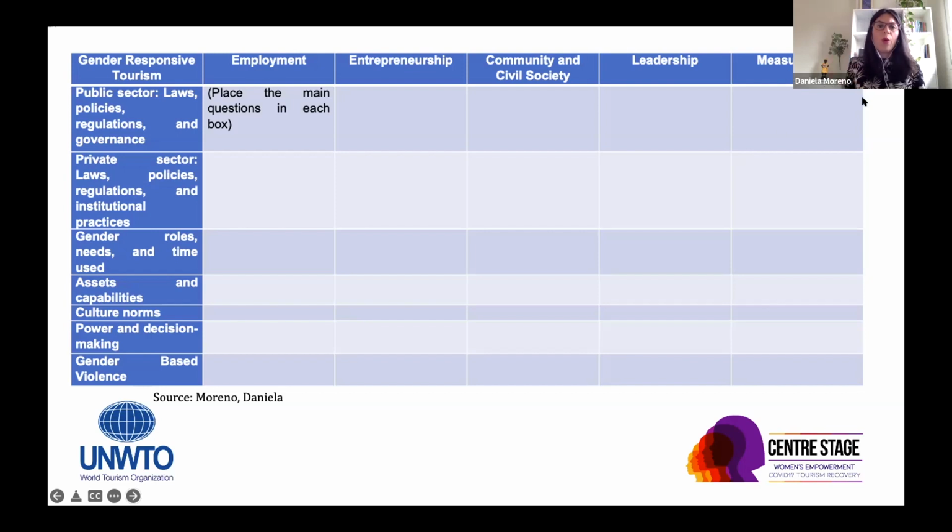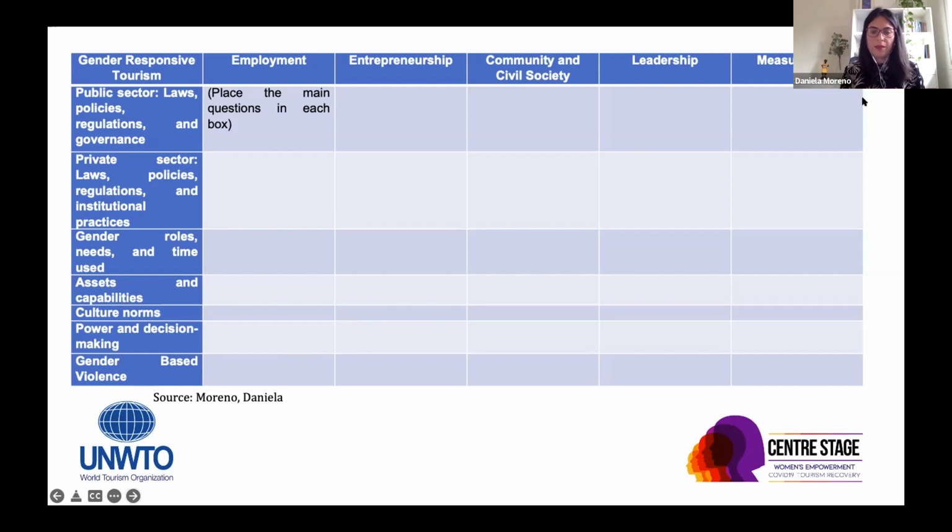So what are the objectives of this matrix? First, through this matrix, you are going to understand the causes of gender equality in tourism, as well as the factors that may support gender equality in tourism. Based on matrix 1, you are going to place the main questions that you are going to answer through your rapid gender assessment.